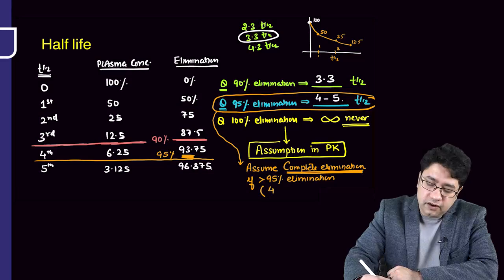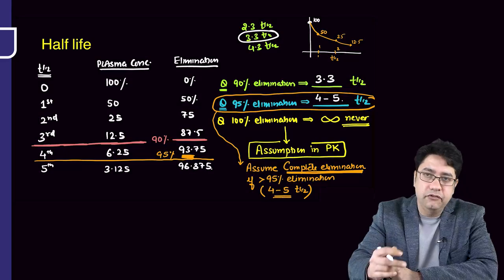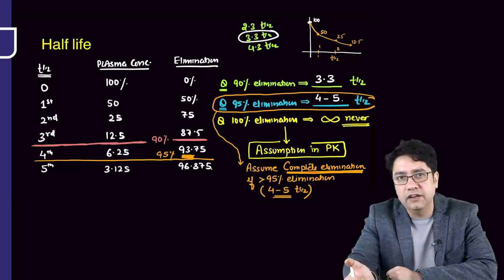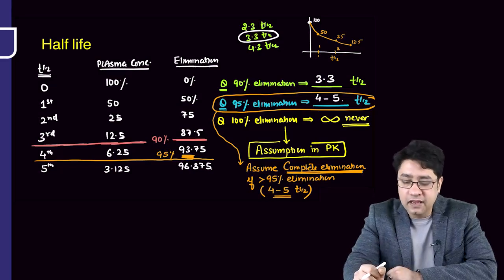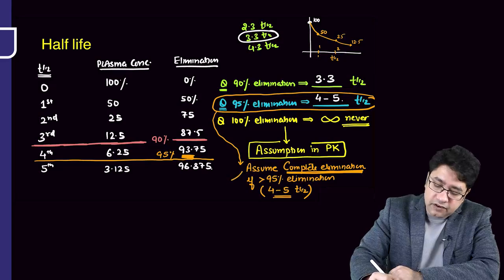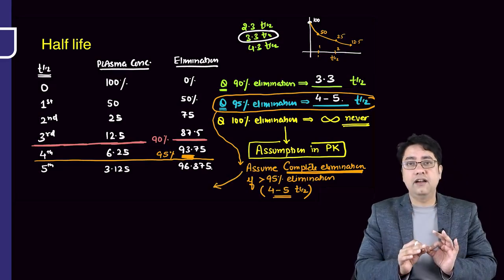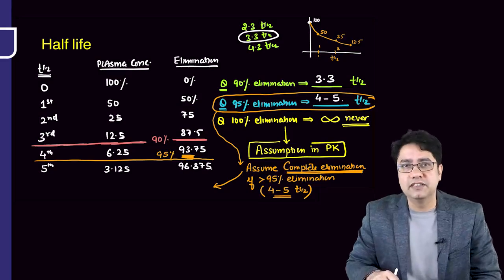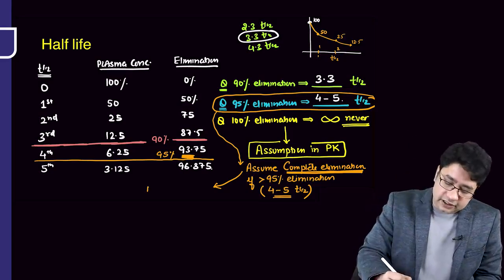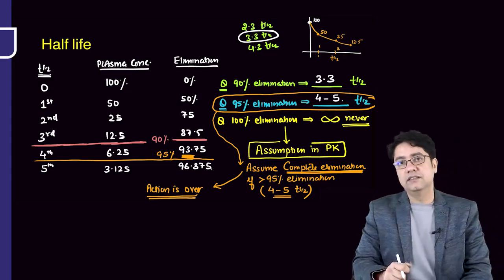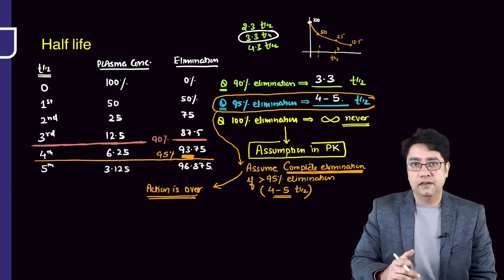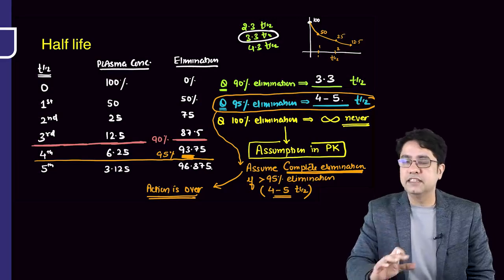Complete elimination of a drug occurs in 4 to 5 half-lives. And if you get both options 4 and 5, you should go by 5 half-lives, the greater one. And in complete elimination, if a drug is more than 95% eliminated, its action in the body is over. If its plasma concentration falls below 5%, its action is over.